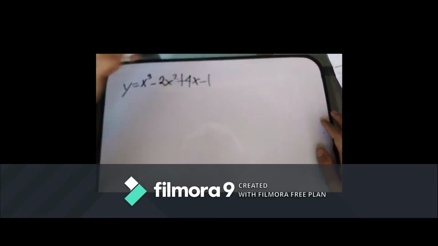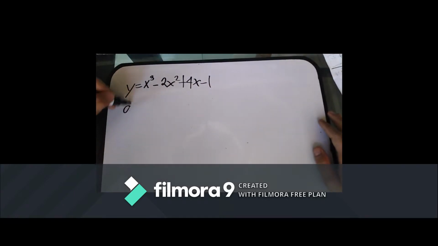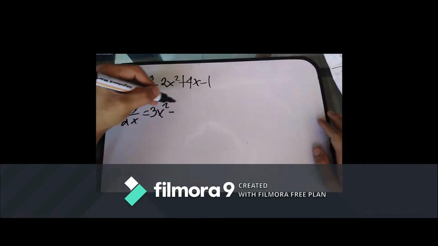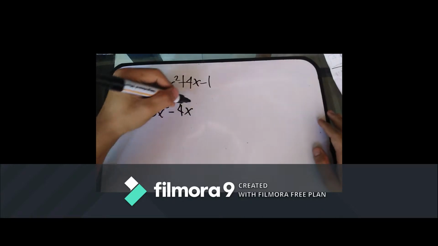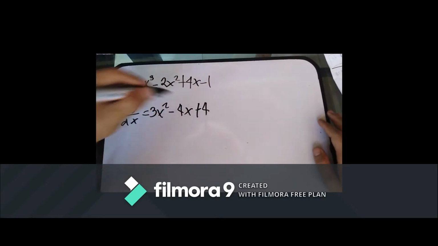Now I have another problem. y is equal to x cubed minus 2x squared plus 4x minus 1. The derivative dy over dx is equal to the derivative of x cubed is 3x squared minus 4x plus 4.